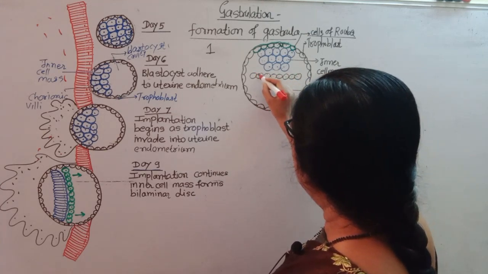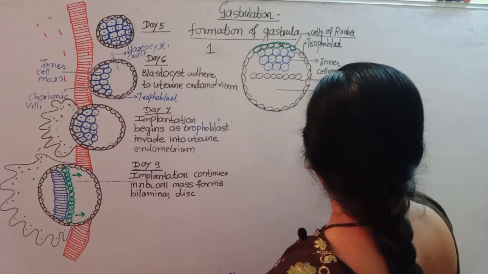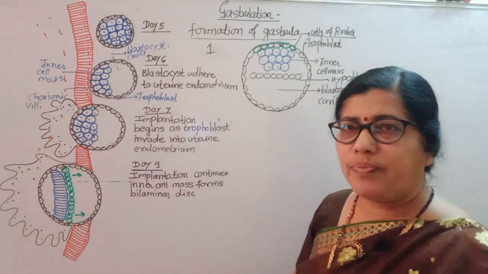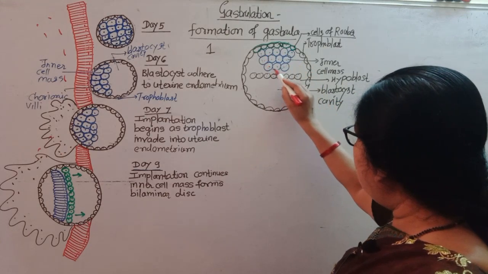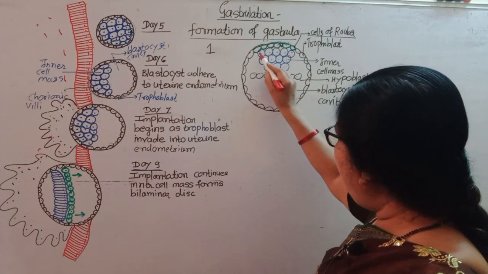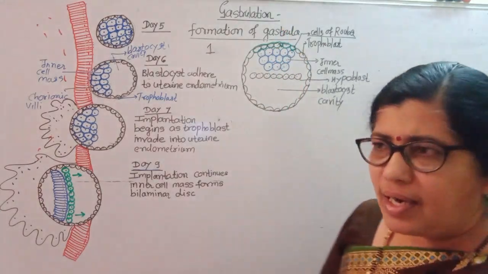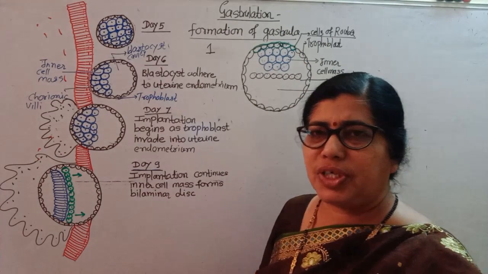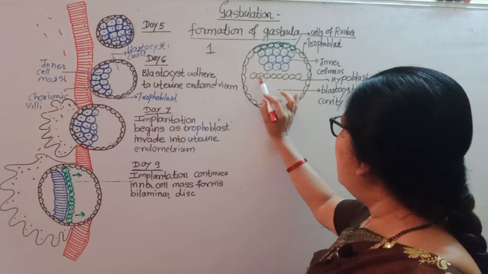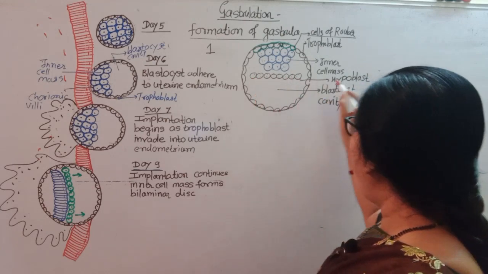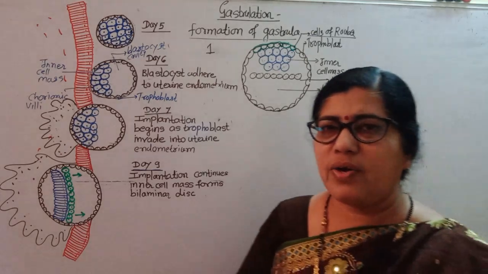This is called the hypoblast. The cells present on the free end of the inner cell mass become flattened, differentiate, and arrange in the blastocoel cavity.